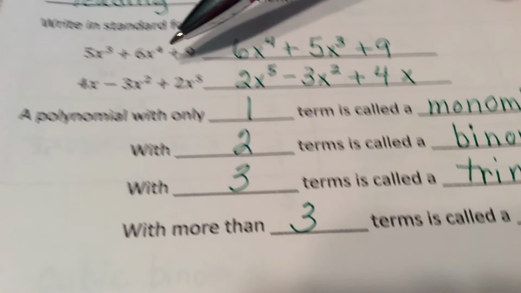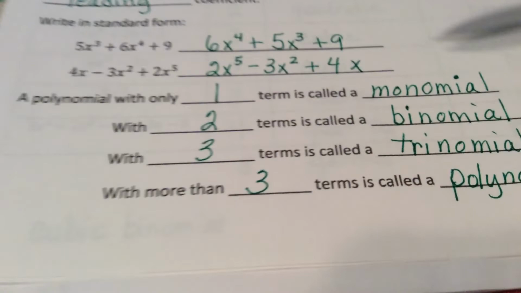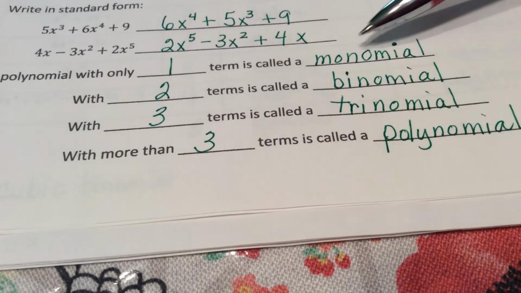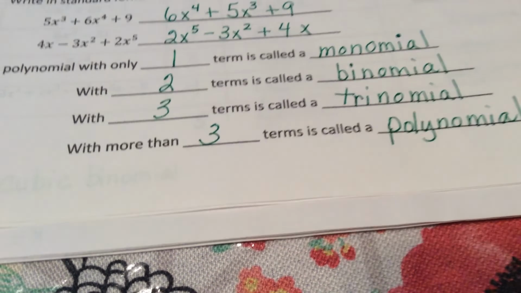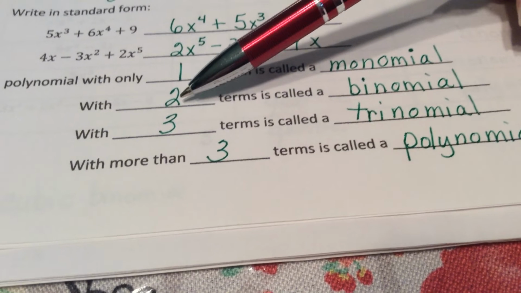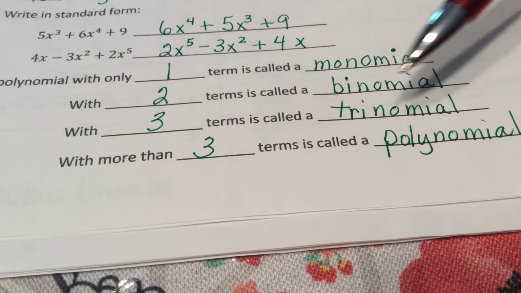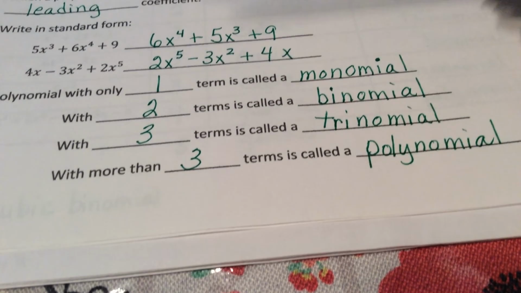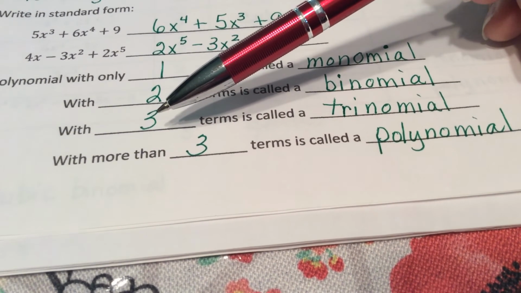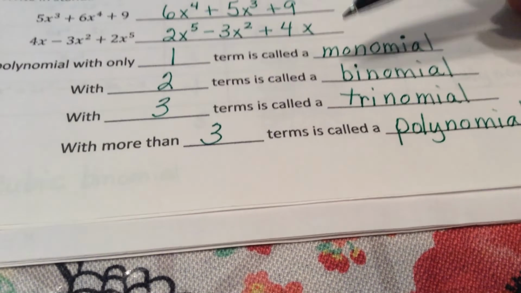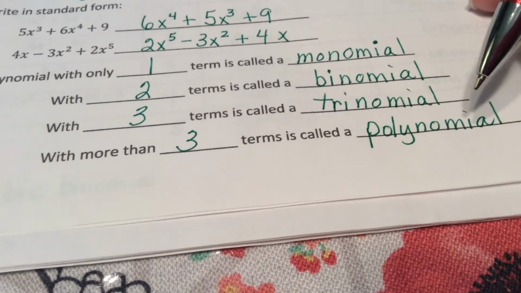If there is only one term, then it is a monomial, like mono meaning one. If it has exactly 2 terms, then it is like a bicycle has 2 tires. It is a binomial. And if it has 3 terms, like a tricycle has 3 wheels, it is a trinomial.